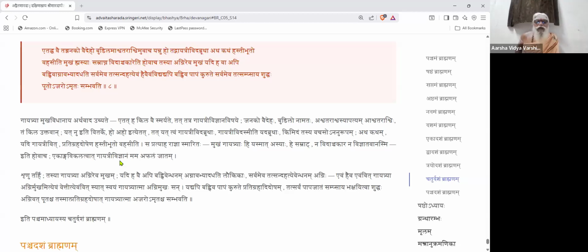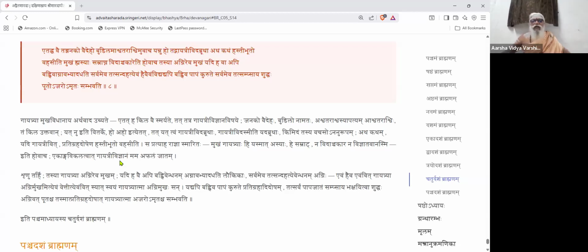Yadyapi bahviva papam kurute, even though you may do a lot of papa, and how are you doing papa? Pratigrahadi dosham means pratigraha etc. dosha is there with you, which is a lot of papa. But then what happens to all that? Tat sarvam, all that papa jatam samapsaya bhakshayitva. Samapsaya means bhakshayitva, having eaten all that papa.